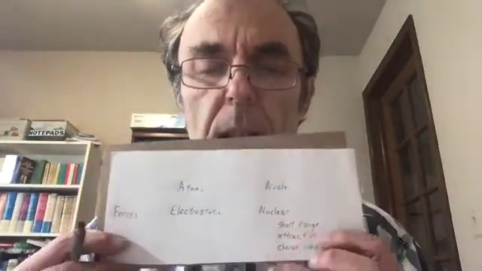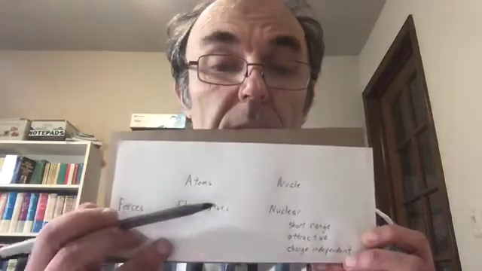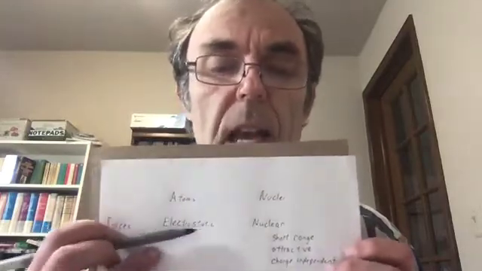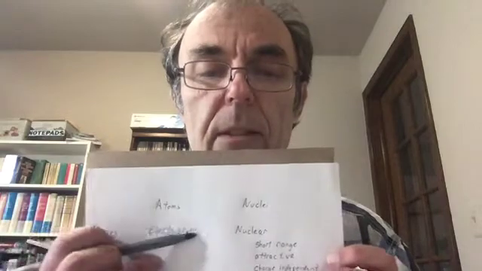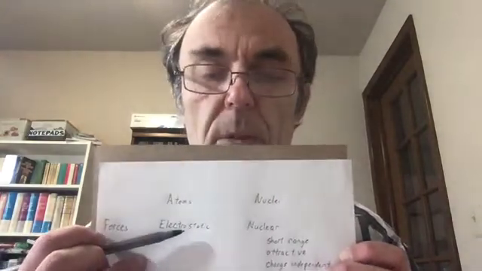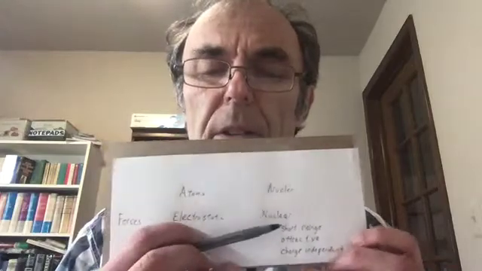How about forces? Well, we saw in the Bohr model that the force that holds the atom together is basically electrostatic force. Bohr used the electrostatic force in his F equals ma, which we studied right at the beginning of the semester: K, the Coulomb constant, Q squared over R squared. Now in nuclei, it has to be different. And how do we know that?